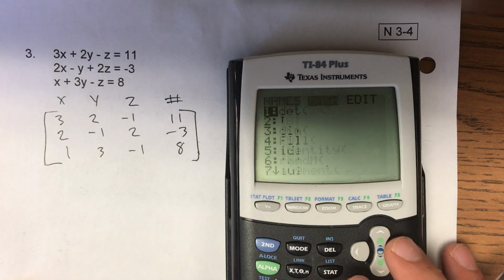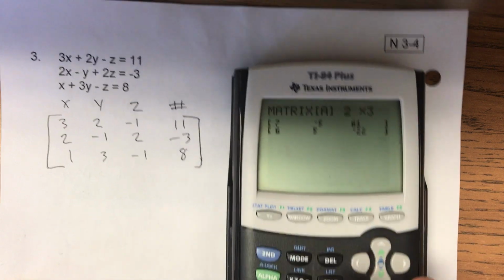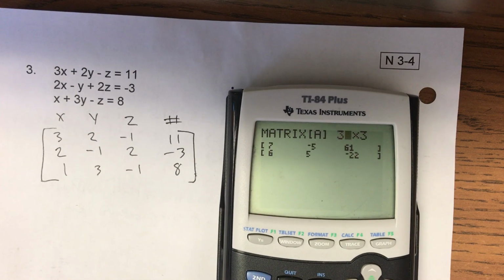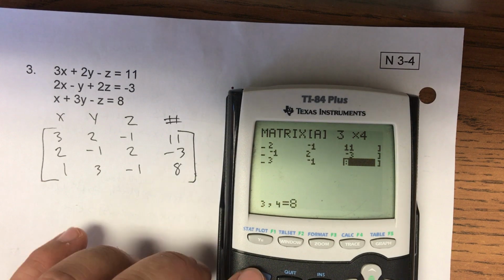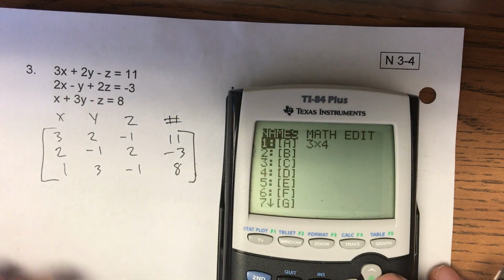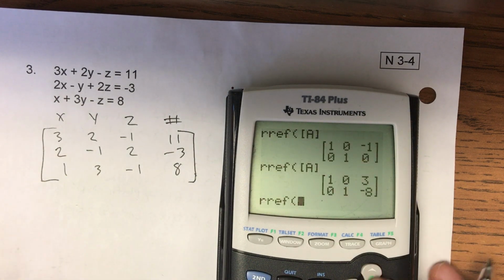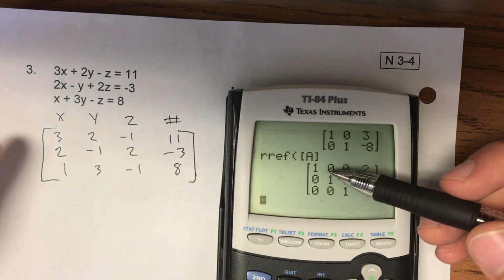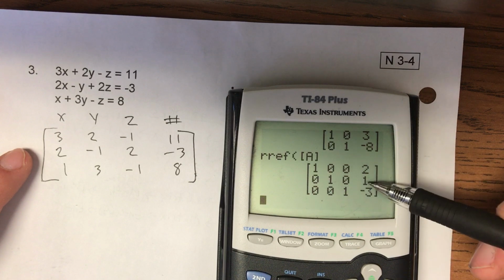And so second matrix, and I'll go through my steps. This one's going to be a 3 by 4.